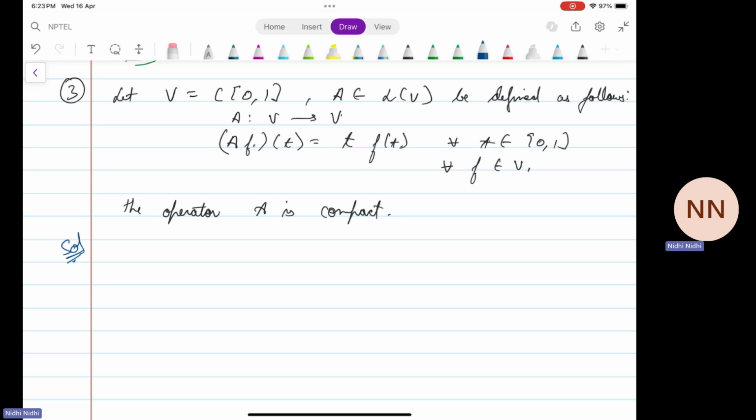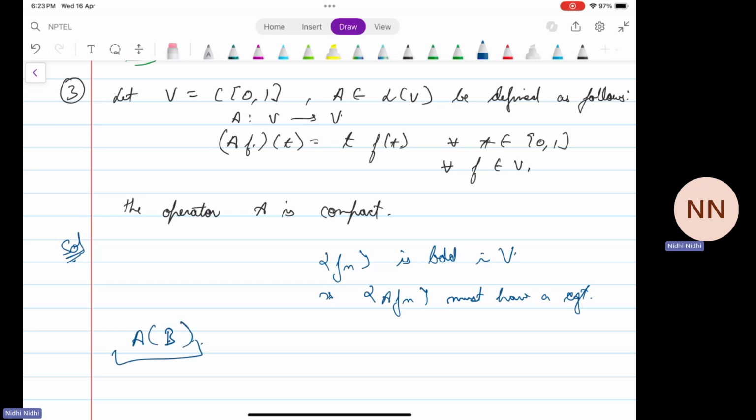Now suppose A is compact and we have a bounded sequence. If we have a bounded sequence Fn in V, then AFn must have a convergent subsequence because if we have a bounded set B, then A of B is compact in V, in the codomain.